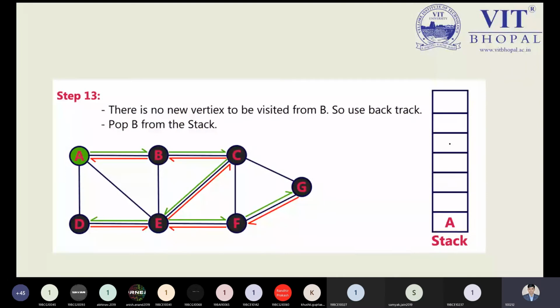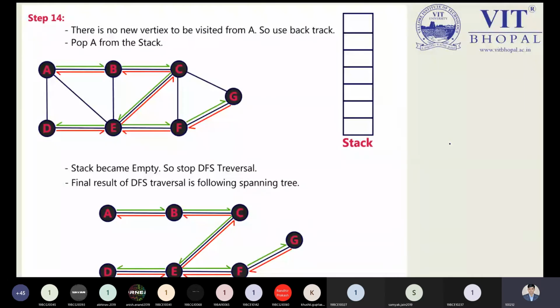After the 13th step we have the 14th step. After the 14th step, there are no vertices to be visited from A in the form of backtracking. So we pop A, it is removed, and the stack becomes empty.